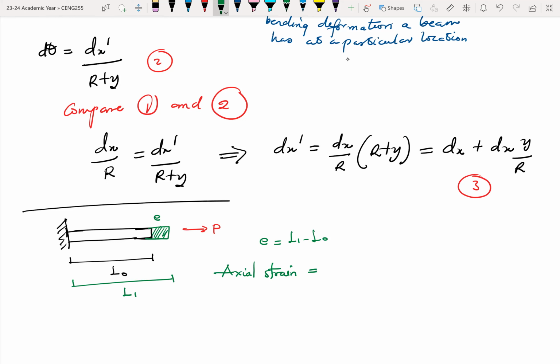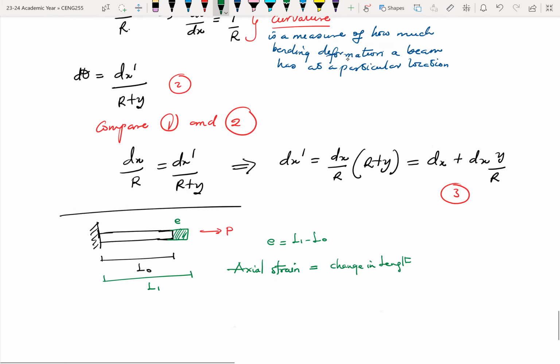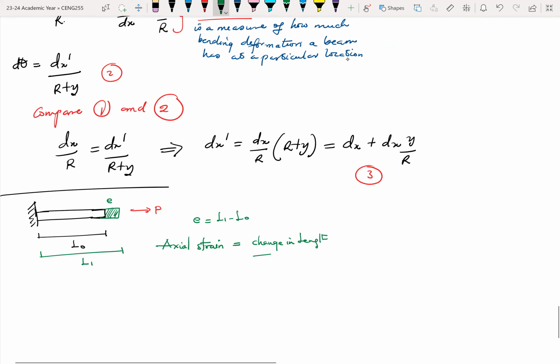So how much deformation has occurred? The axial strain is simply the change in length divided by the original length.